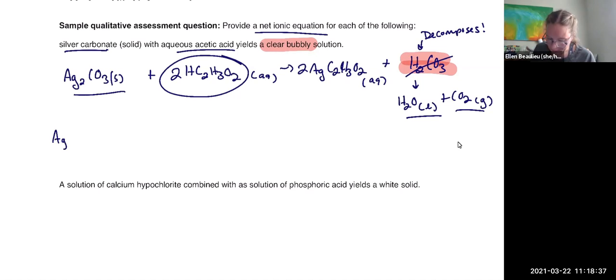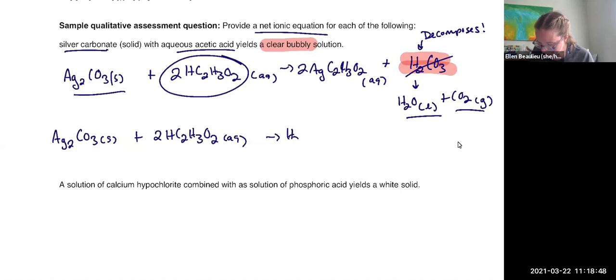So I'm going to write everything I underlined and circled as an intact species. And anything that I didn't underline or circle fully dissociates.